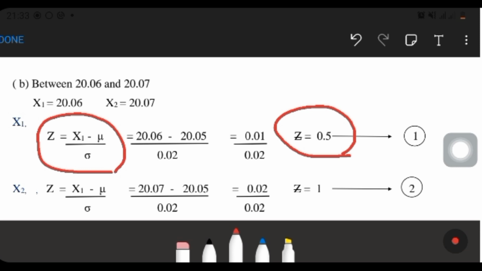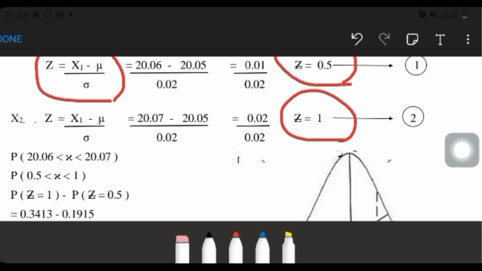Then I'm going to solve the z value for x2. The same equation here. You have the answer: z value for x2 is 1. Then the probability equation is displayed here.